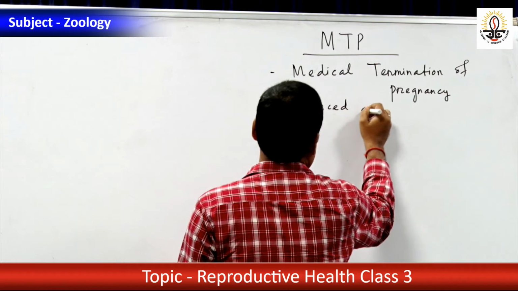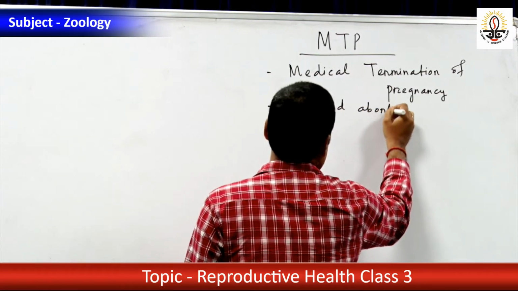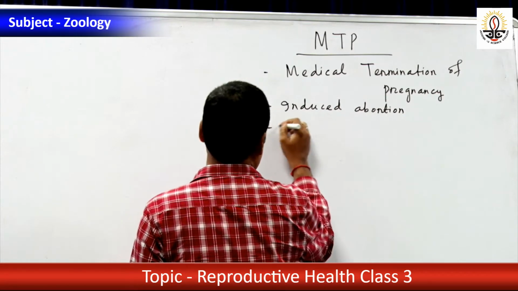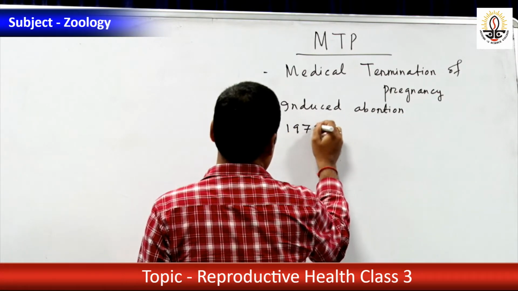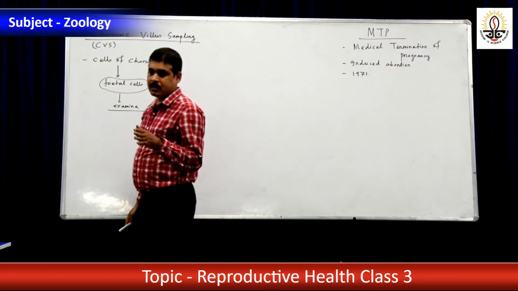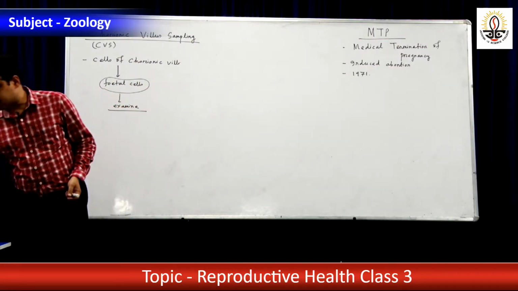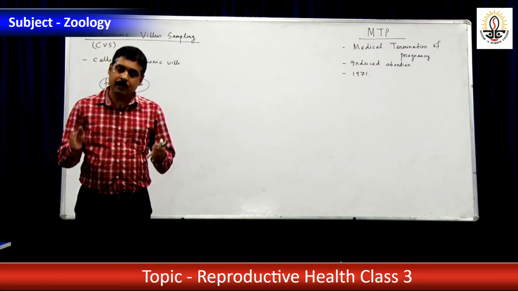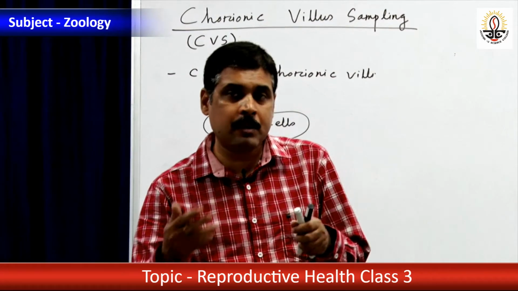It was legalized in India in 1971. The act of killing the fetus in the mother's uterus, that is called MTP. The act of killing the fetus in the mother's uterus before it becomes viable.